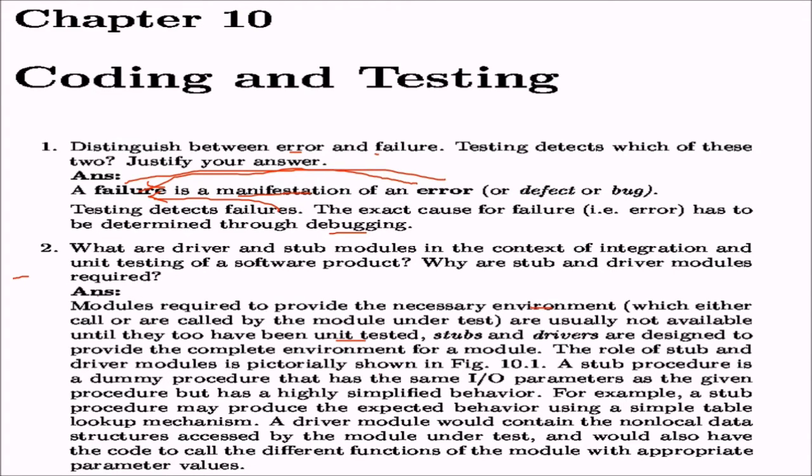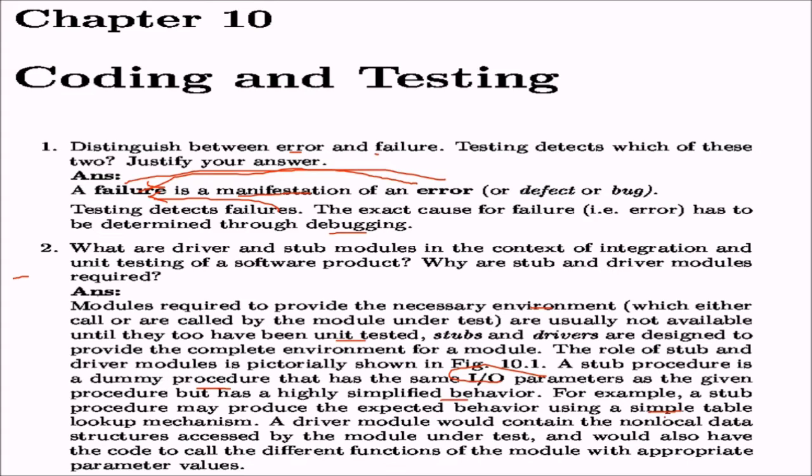A stub procedure is a dummy procedure that has the same input-output parameters as a given procedure, but very simplified behavior, with inputs in the form of parameters and output in the form of return values. For instance, a stub procedure may produce the expected behavior using a simple table lookup mechanism only.